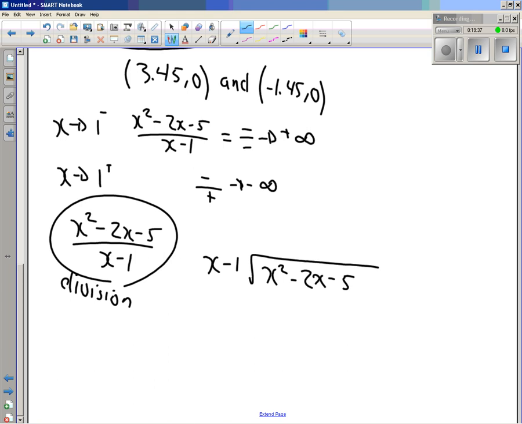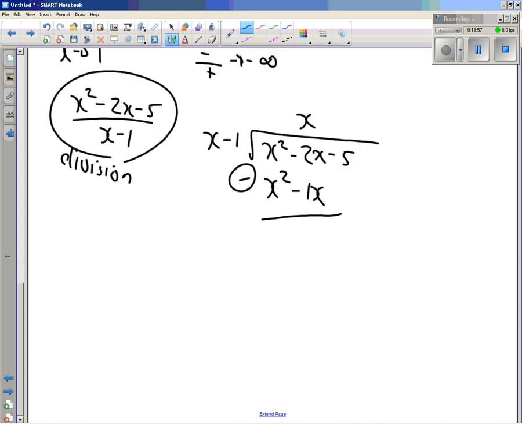So if we do long division on this, we're going to put in x. x times x is going to give us x squared. x times negative 1 is going to give us negative 1x. You can put that in. We're going to subtract the whole thing. Negative 2x subtract negative 1x is going to give us negative x.